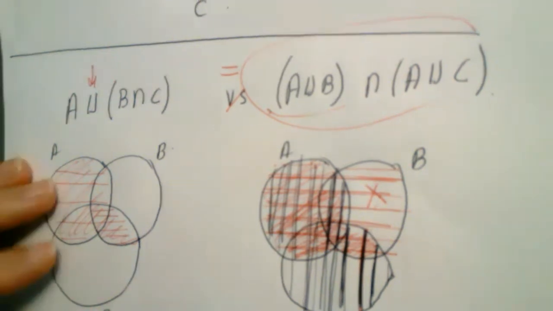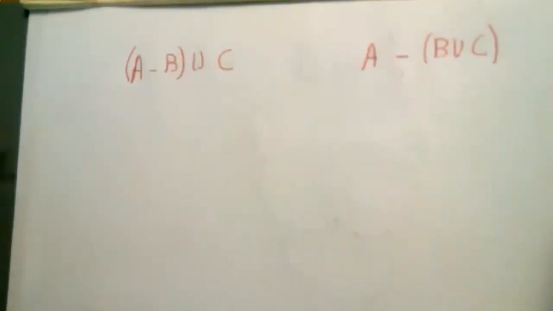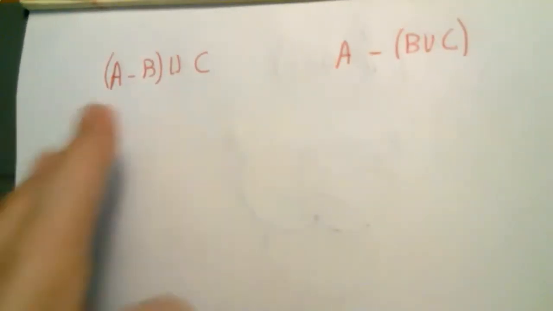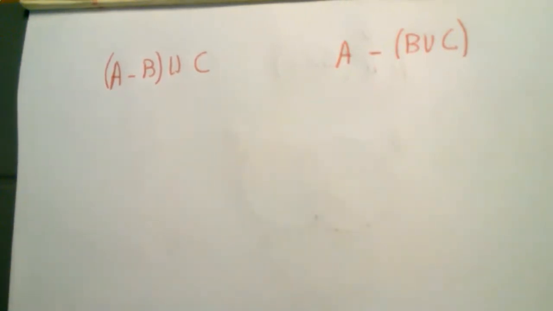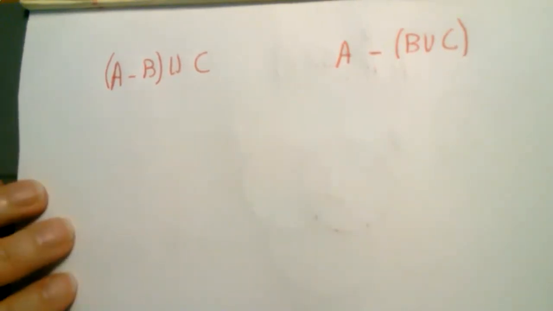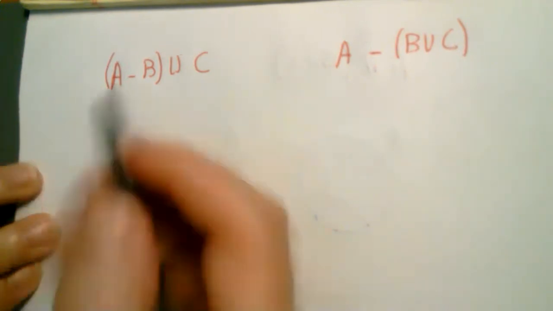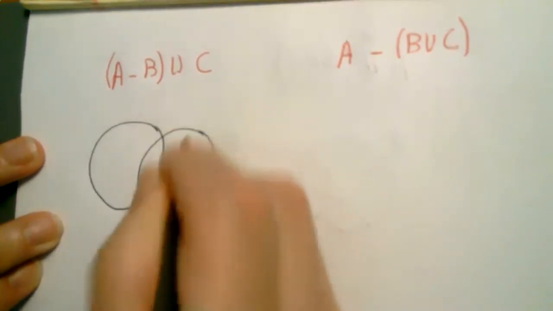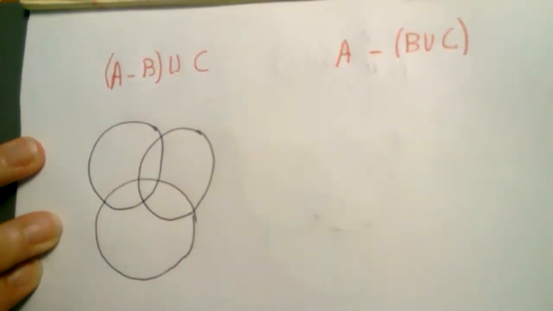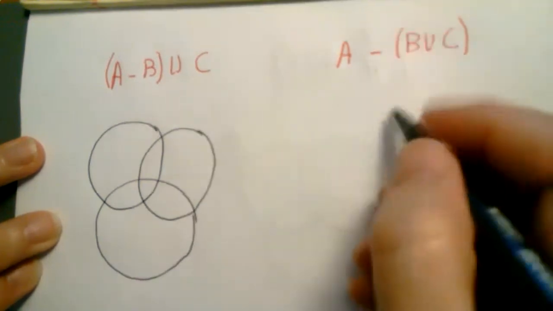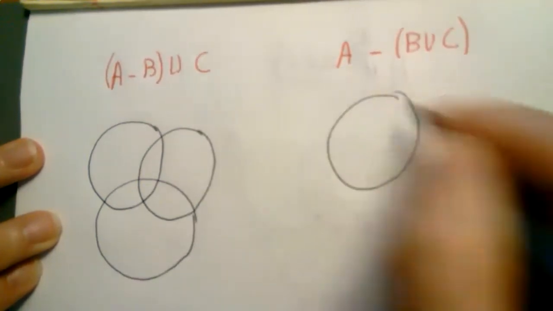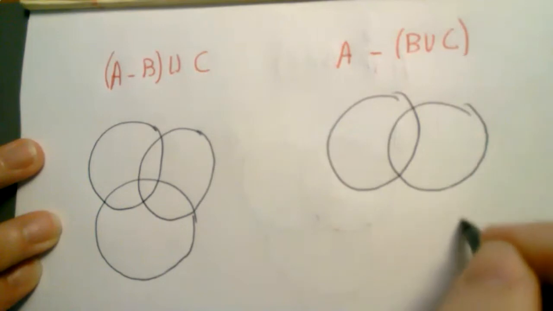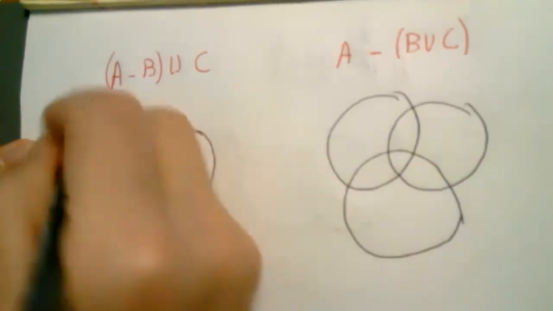All right. Okay. Now I want you to do this one, and then we proceed. I want you to draw this and check: can we play with parentheses like that, yes or not? So I'm gonna put A, B, and C, and then again A, B, and C, just exactly like before.